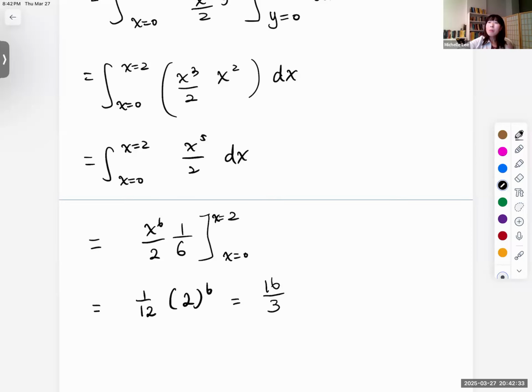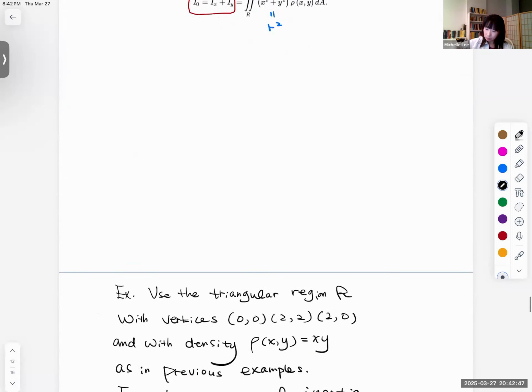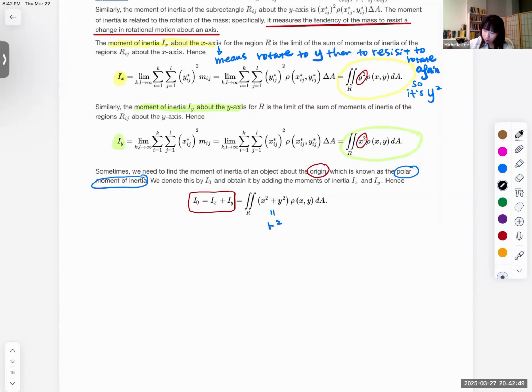We need to find the moment of inertia of the object about the origin, right? So let's bring the formula. So this is the one. By the way, we can express it in polar. I didn't write it down here, so since we are here, let me write it down.